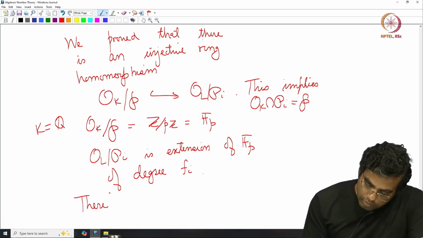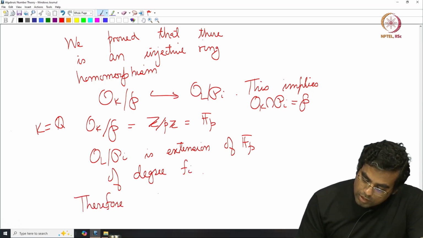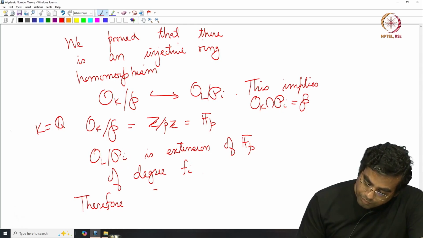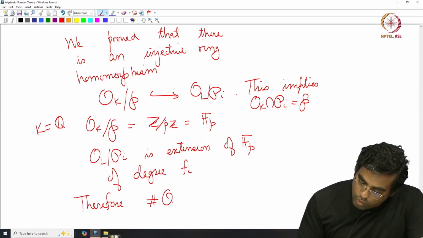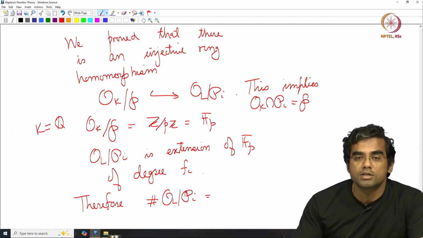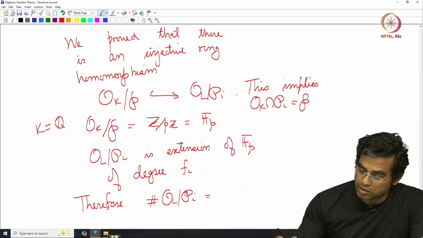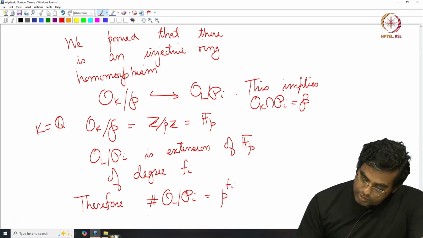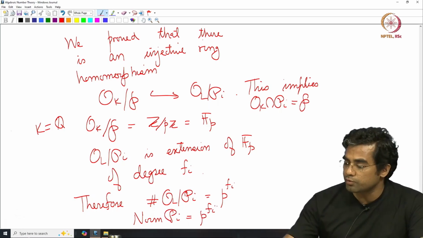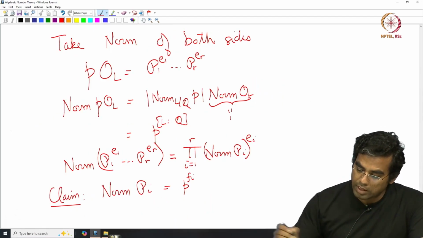Therefore, the number of elements in OL mod Pi is the number of elements in Fp to the power Fi. So the norm of Pi is equal to p to the Fi. That is what we wanted to prove, that is what the claim was.